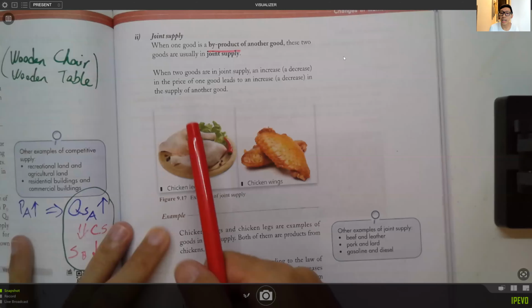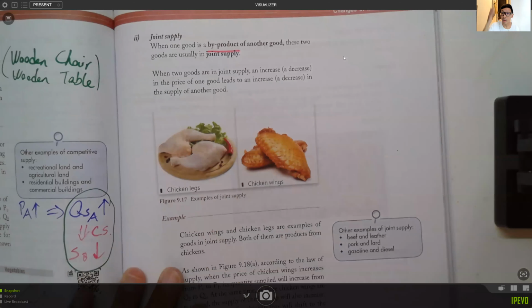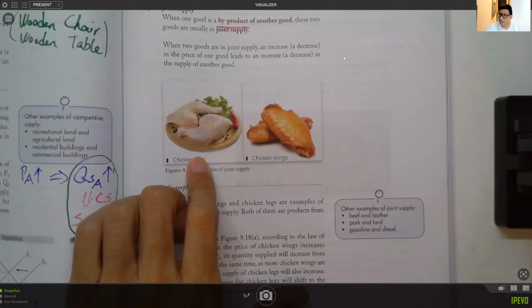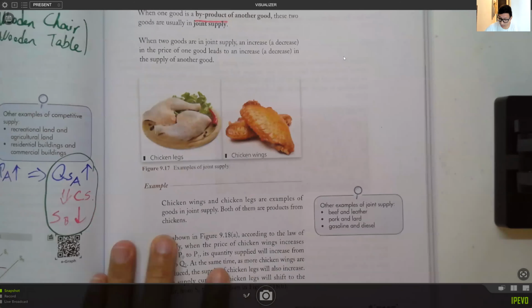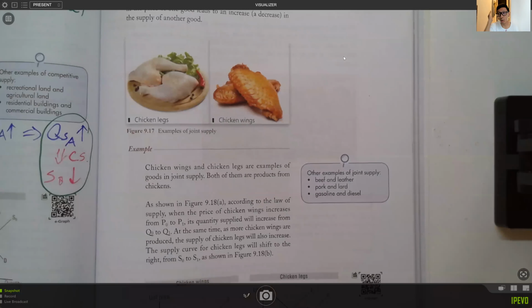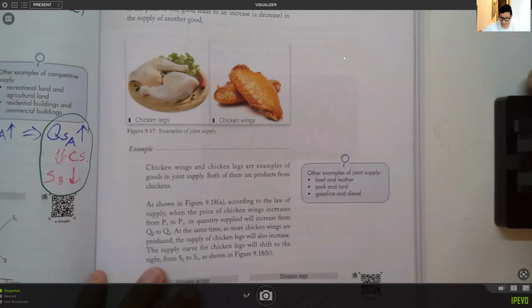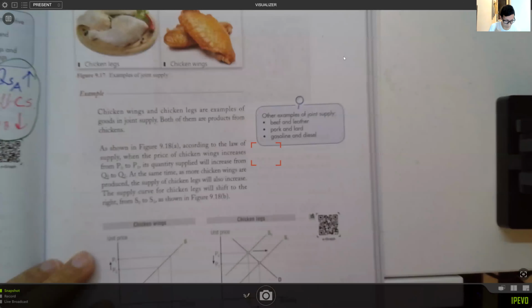For example, chicken legs and chicken wings. 雞髀係點嚟㗎？你劏隻雞咯。When you kill the chicken, you don't just get the legs, you also get the wings.